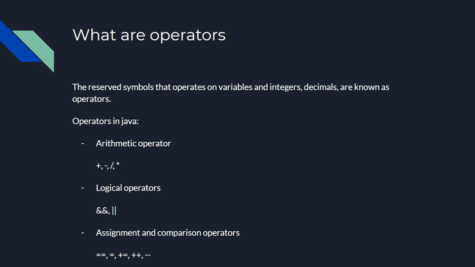Logical operators. Two ampersands mean and, and two long straight dashes mean or, and they are used in if-else statements where the conditions are given that the two conditions must match. Two or more conditions are provided.